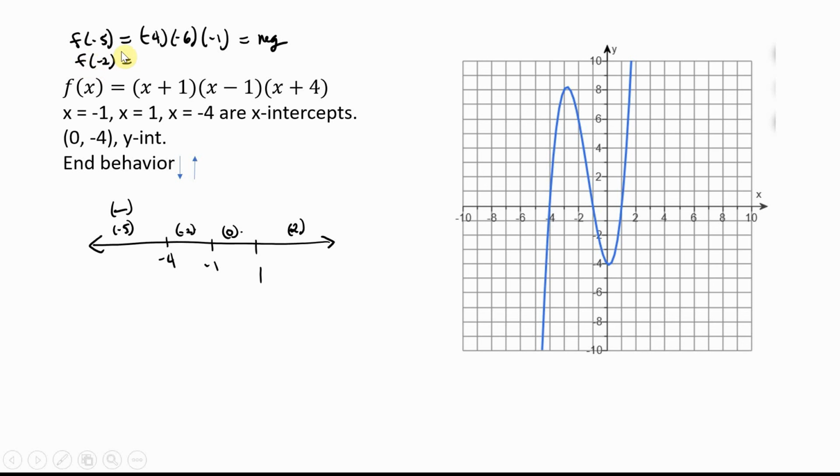F of -2, plug that in. That's typically what I do, look at each one and plug in -2. So that'll give me a negative for the first one, negative, and then positive. So I end up with positive. Test 0 on this third interval, f of 0. We found that to be -4. That's negative. And then test f of 2 to be positive, positive, positive.